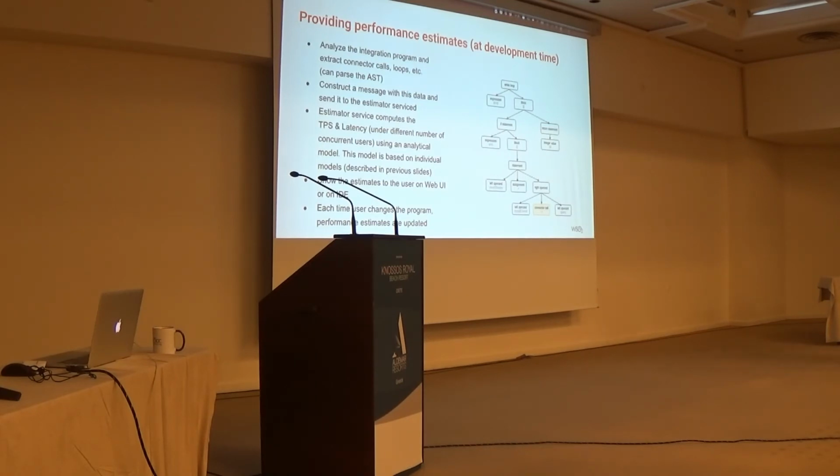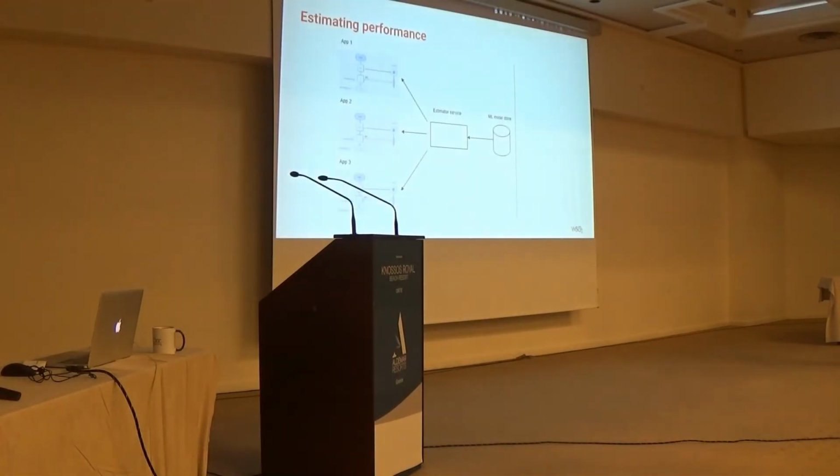Right? So then the backend, which is the performance estimator service, will detect that this particular program has these APIs, and then it will pull those models, and then it will do the final calculation by solving those system level equations, which is based on Little's law.